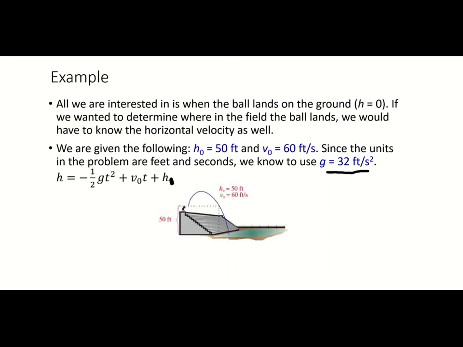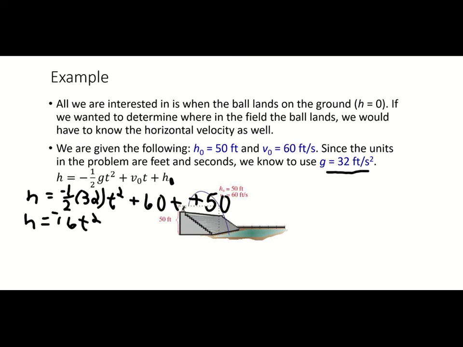If I start off and write my equation, I have h equals -1/2 times 32 feet per second times t squared, my initial velocity is 60 feet, so that would be 60t, plus my initial height was 50. Now, -1/2 times 32 ends up being -16t squared.